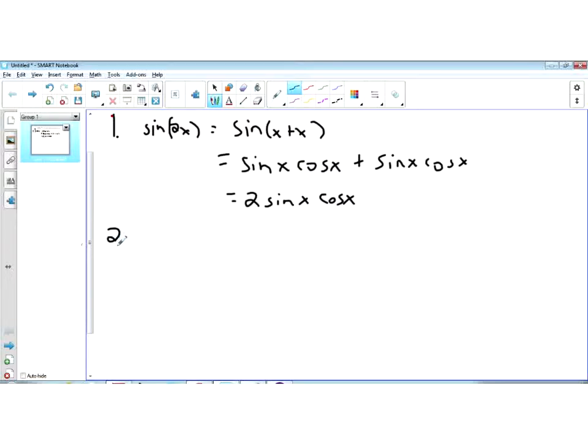Okay, so we can do the same thing with the cosine of 2x. Same technique. Cosine of 2x is equal to cosine of x plus x, which is equal to, from the cosine of a sum of two numbers, the cosine of x times the cosine of x minus the sine of x times the sine of x.